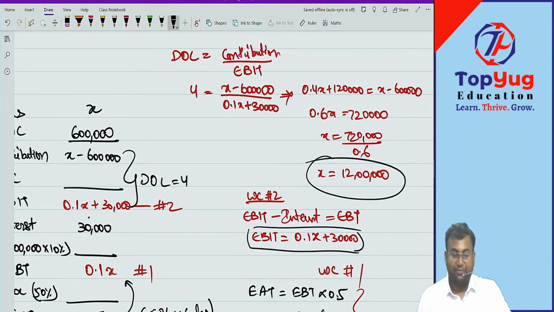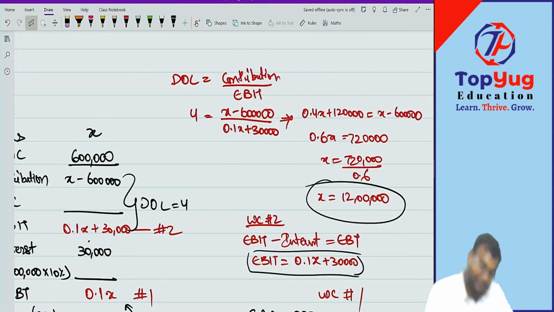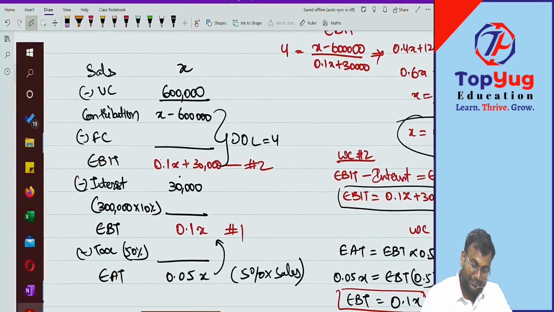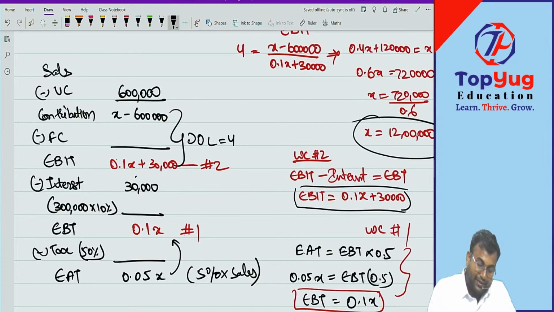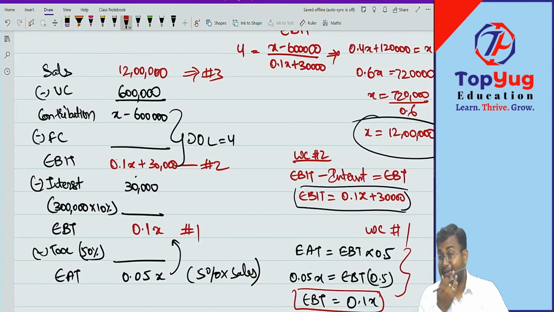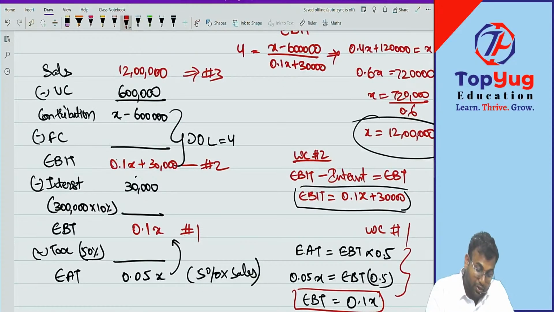At least one problem we have done with working note. So let me replace this x with 12 lakhs from working note number 3. 12 lakhs minus 6 lakhs, so how much is my contribution?